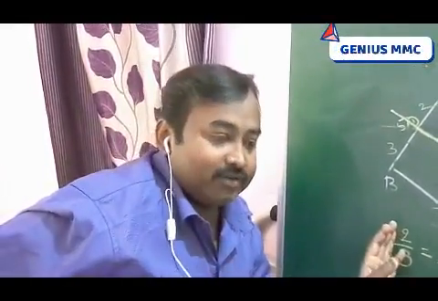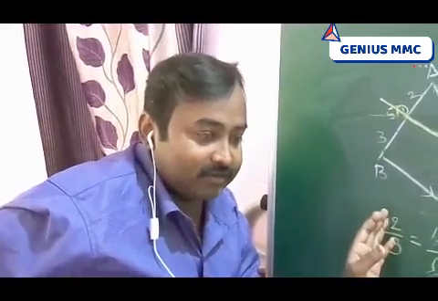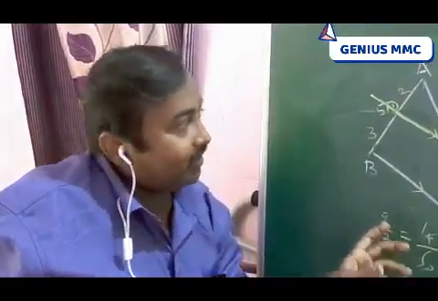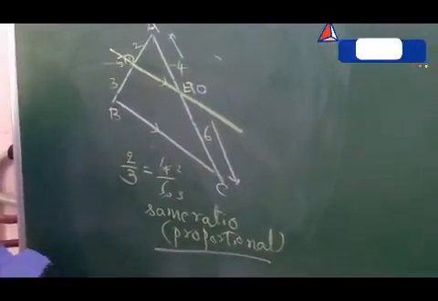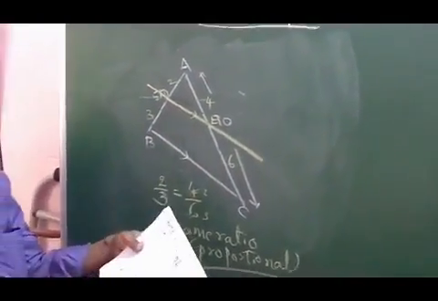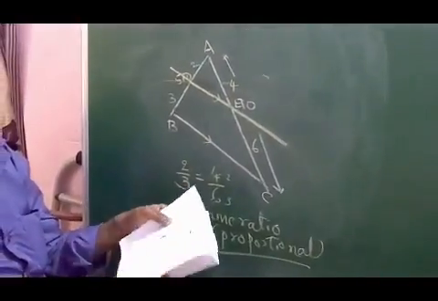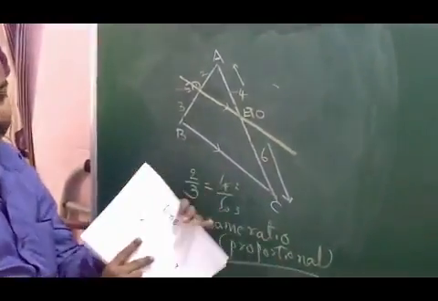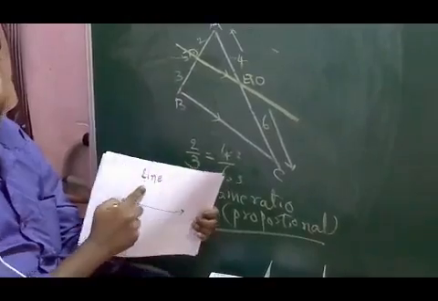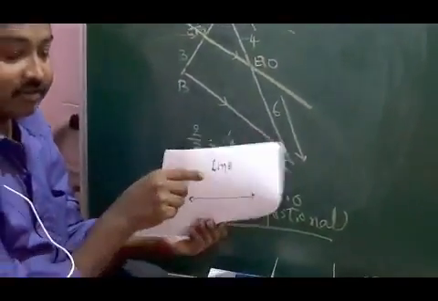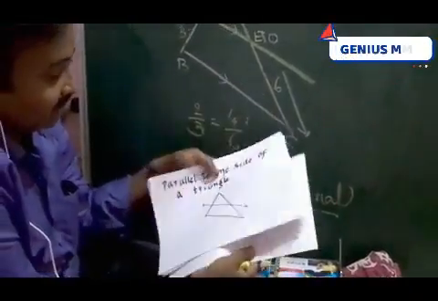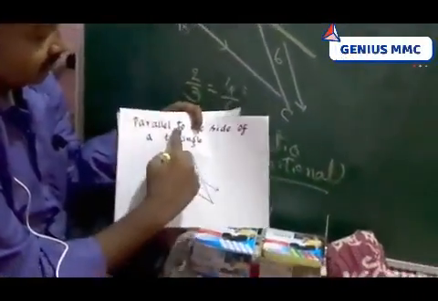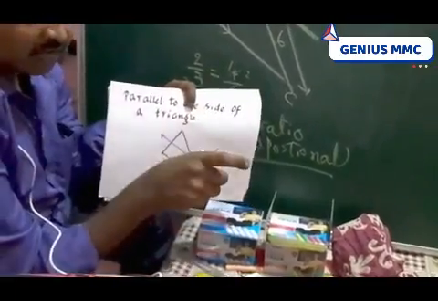I think students, you are clear on this concept. Once again I will repeat. We should know how to write this statement. See, first we should know the points. Whatever line is drawn, it is parallel to one side of a triangle.